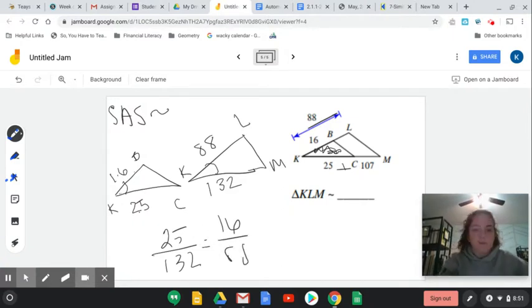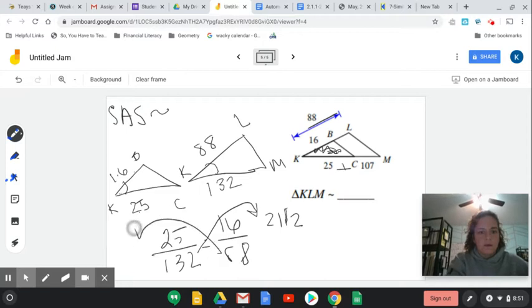Yeah, definitely not doing this one in my head. Sorry, I'm going to pull out my calculator. So instead of trying to do the fractions again, let's do it this way. Let's compare. Remember, you're going to do 132 times 16. We're going to butterfly it. 132 times 16 is 2012.